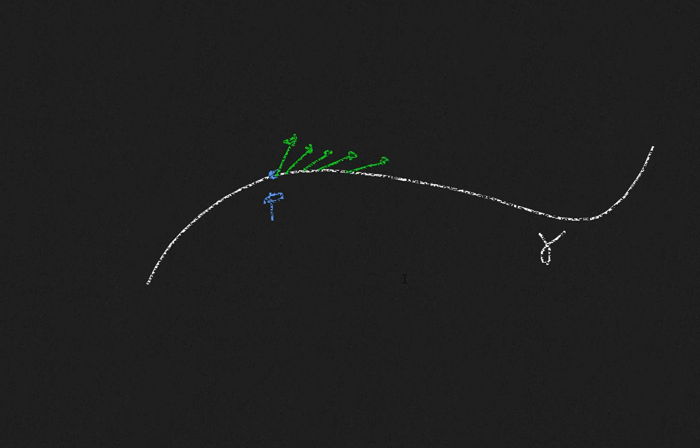Well, maybe at some point it's tangent. But it moves out. I mean, it's a vector field in the space, and it goes also in the other direction.